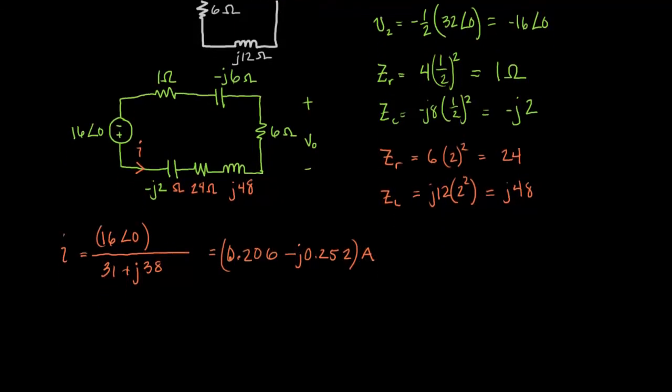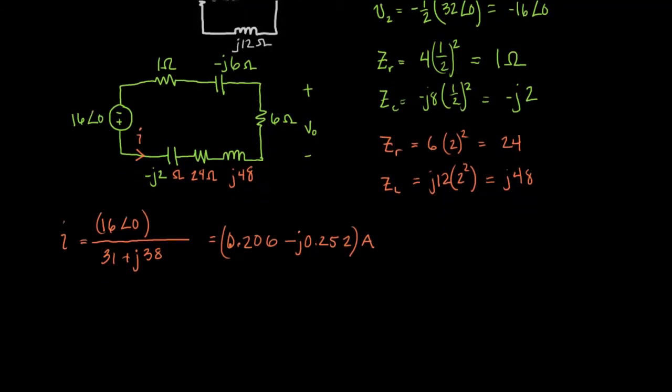Now we want to figure out what the voltage is across the resistor, so we're going to take the negative, because remember we're not following the sign convention with V0 here. So V0 equals the negative of 0.206 minus J0.252 times 6.